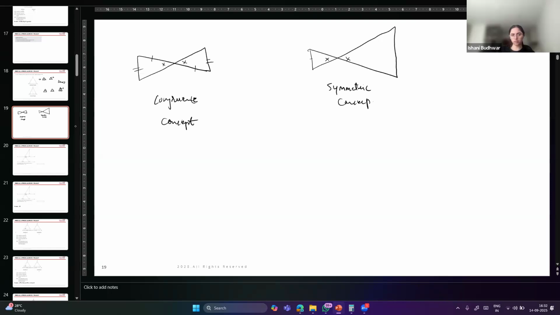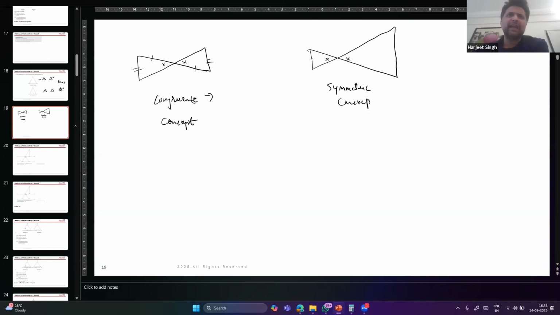So congruence means equality in sides, which is important. In symmetric, we are not talking about equality of sides. Although the angles are equal, these two angles might be equal, but it does not guarantee that the sides are equal.